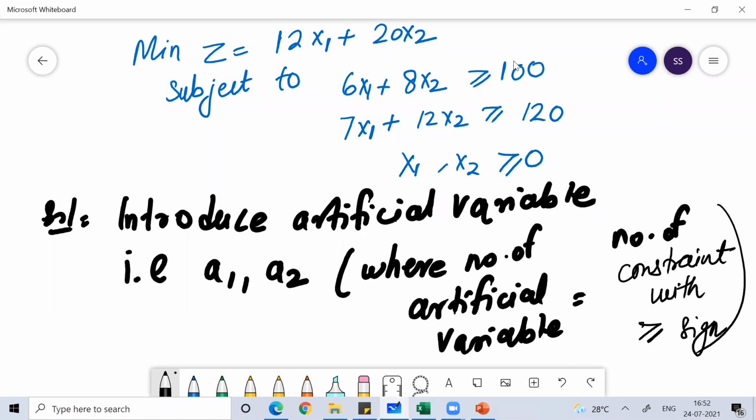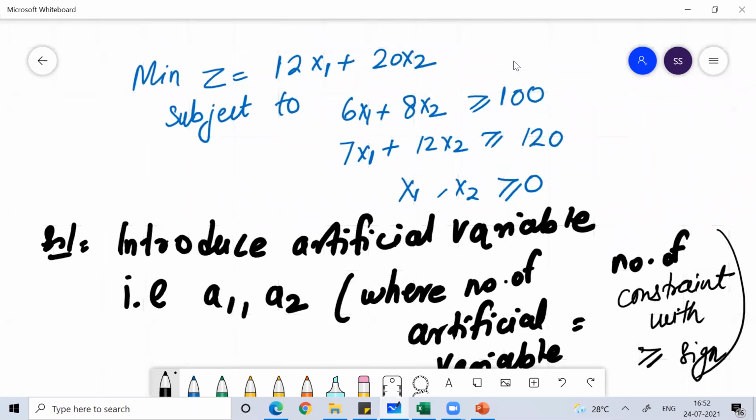To solve these kinds of problems, because ultimately you have to solve the problem, we use this method and call it the big M method.